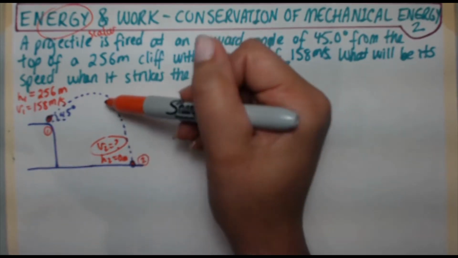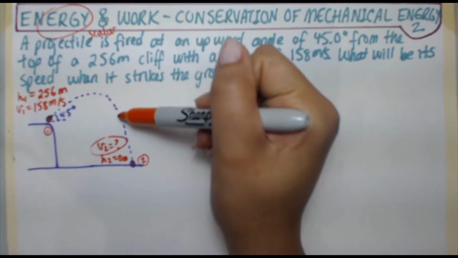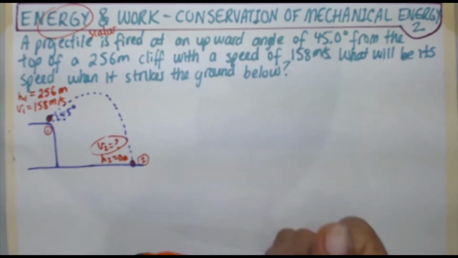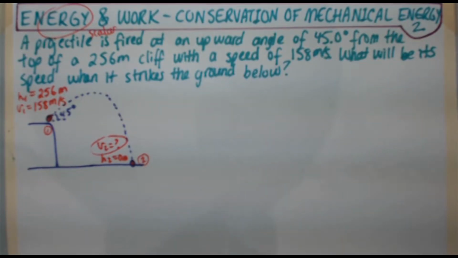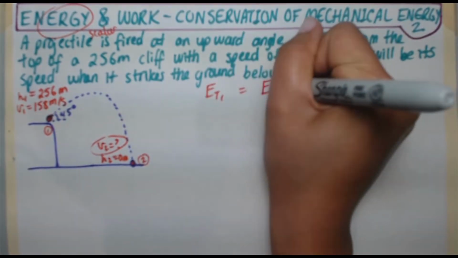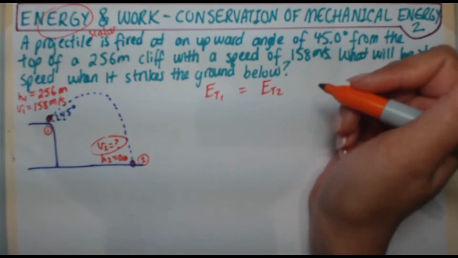Even if the problem asked you at any other point in its path what the speed would be, or if they gave you the speed and they wanted you to figure out the height, you just pick any point along the path and you use conservation of energy. It's that simple. So let's do our ET1 equals ET2. The two types of energy we're dealing with here are gravitational potential and kinetic.